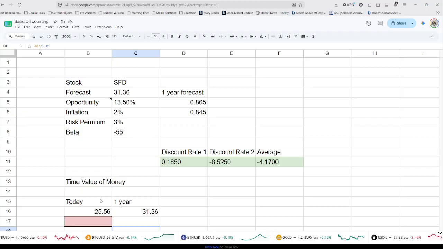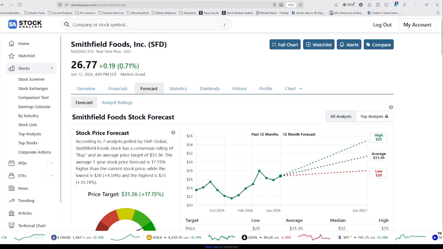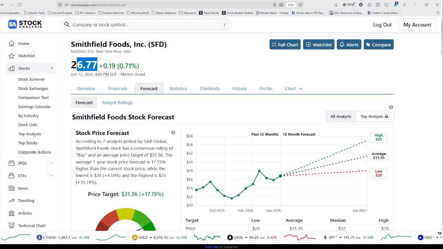So the point of me going over this again tonight is because I don't want you guys to be mistaken here. Let's go back over here to the stock real quick. They're trading at $26.77. Okay.